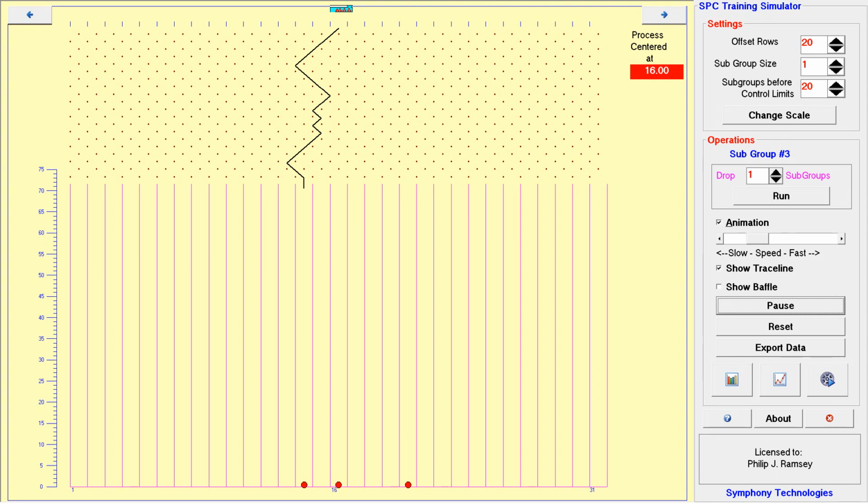They're all the product of hitting the pins in different locations and being given a different path. This is what we mean by variation. There are things within your system that cause variation in the outputs. And part of Six Sigma is figuring out what those sources of variation are and trying to fix them. So let's drop another bead.